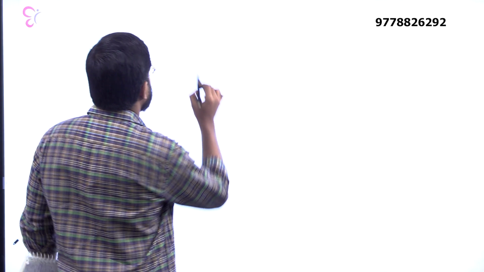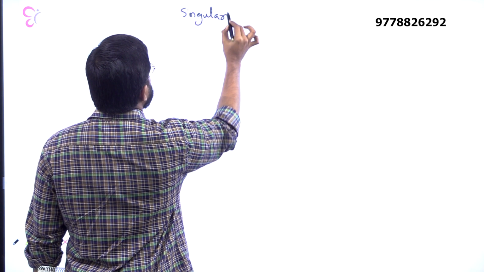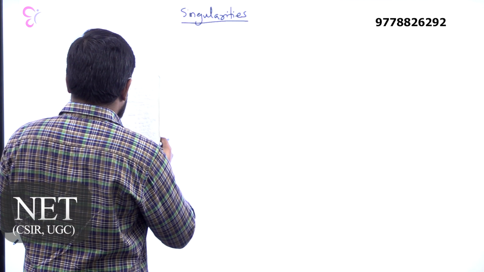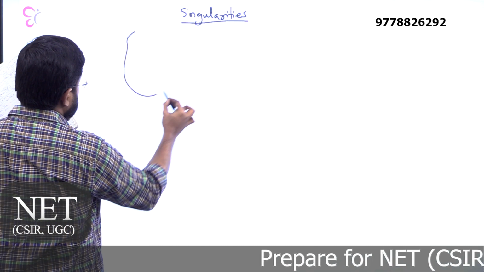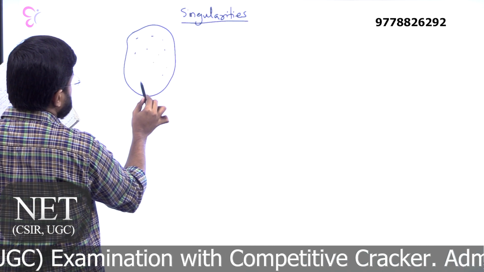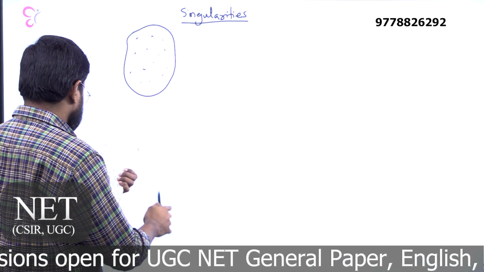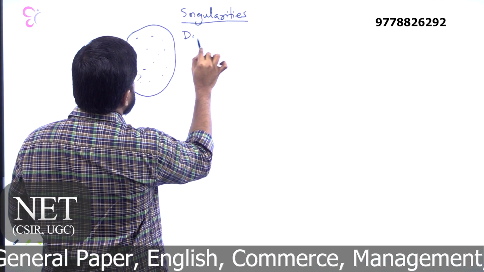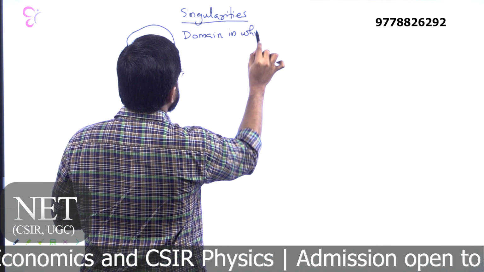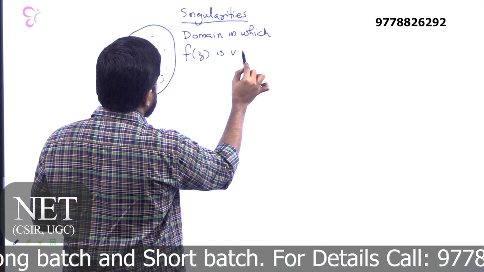So, what are these singularities? See, I have a domain, and there are many function points in this domain. This is the domain in which the complex function f of z is valid.